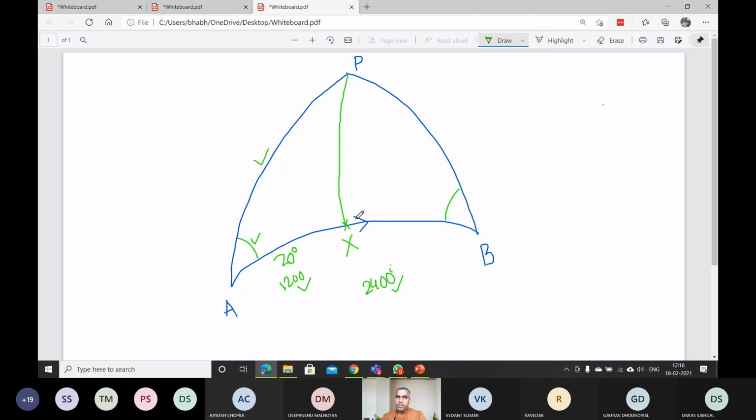So you see, triangle PAX, we have 2 sides and an included angle. If this is known to us, then we can easily apply the cosine formula. This is one of the conditions where cosine is applicable. So we apply the cosine formula and we easily find out this side, PX side.